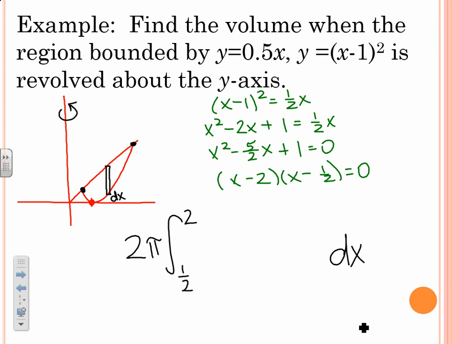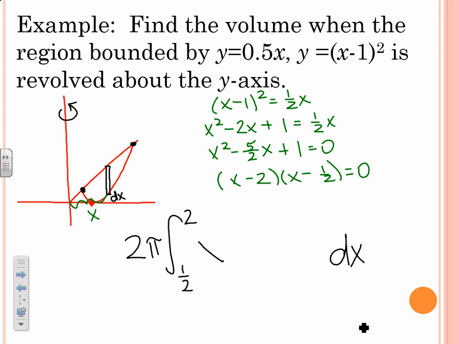Now the radius. Any rectangle that I would draw in this figure, how far away would it be from the axis of rotation? How far are each of these from the axis of rotation? They are all x away.